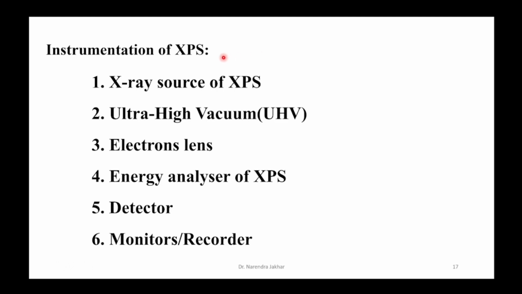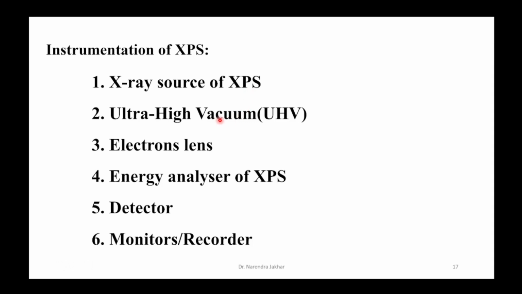In this section of the XPS overview lecture, we will talk about the instrumentation of the XPS. First we will talk about the X-ray sources, what different sources are nowadays used in X-ray photoelectron spectroscopic systems.